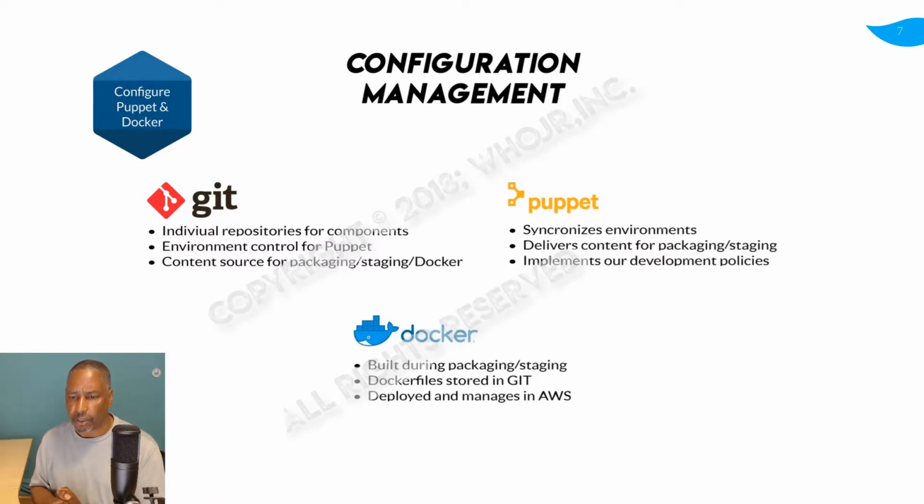And we're going to also manage our Puppet environments within Git. As I mentioned before, we're using Puppet to synchronize our environment, and it delivers content for packaging and staging. Docker, of course, we're going to use for our containers, okay?